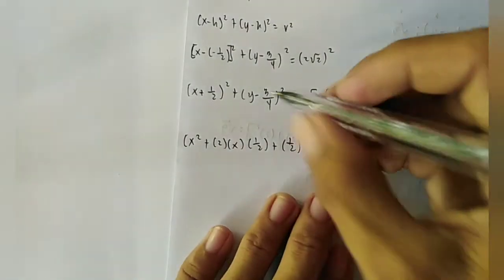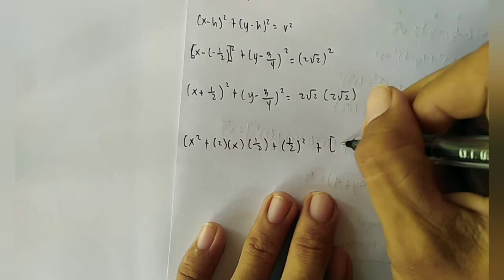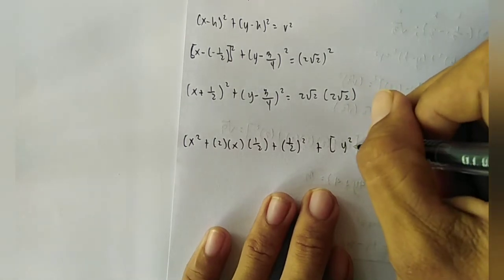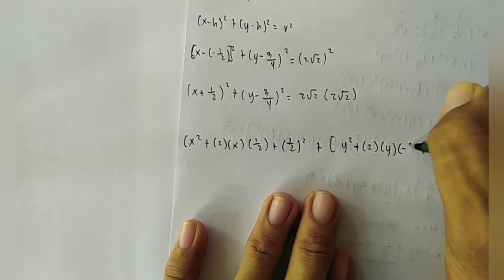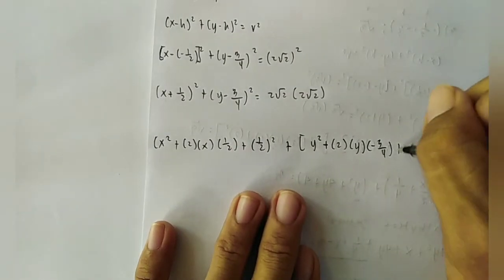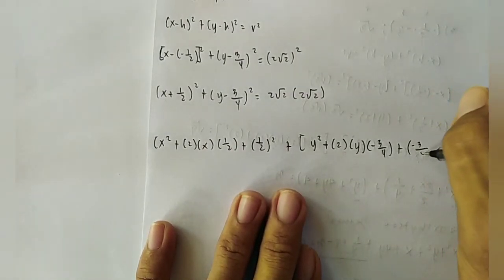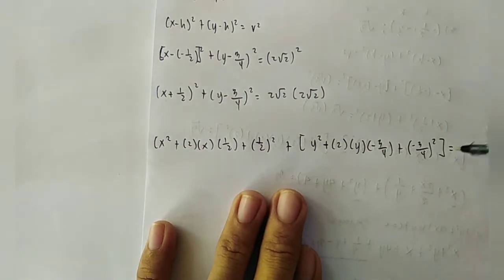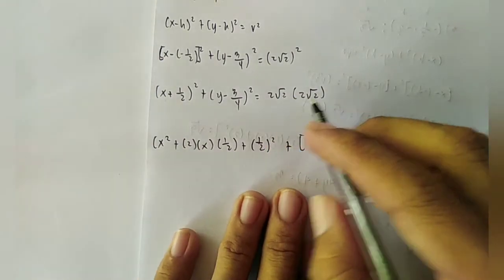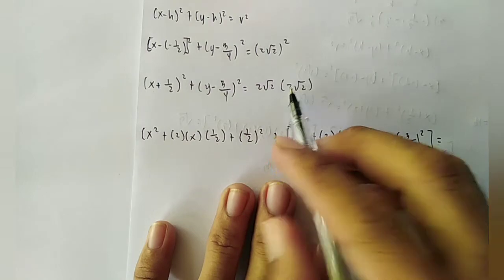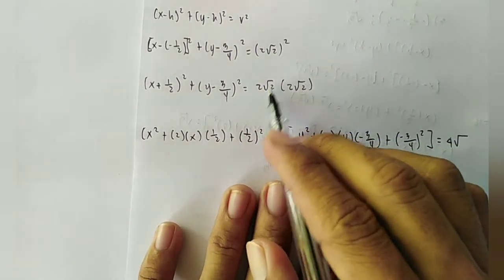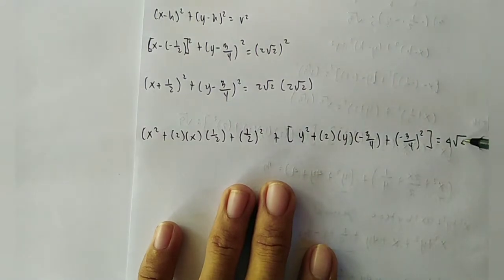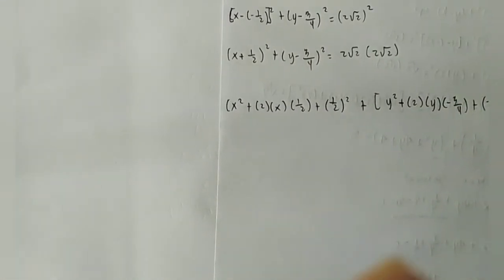Plus, for y, we have y squared plus twice the product of y and negative 3/4. Then square the last term, which is negative 3/4, is equal to 2 square root of 2 times 2 square root of 2, that is 2 times 2, that is 4. Then square root of 2 times square root of 2, that is square root of 4. Okay, so let us continue here.